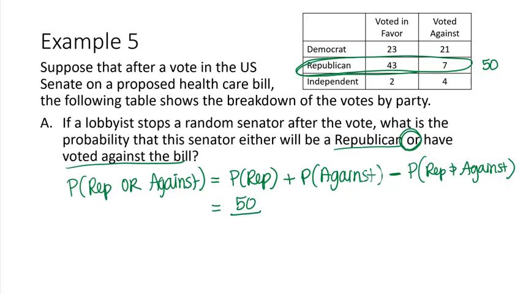Hold on, before we get there, I need a total. My total in the entire table, if they don't give it to you, you just stop and add up all the categories. 23, 21, 43, 7, 2, and 4.